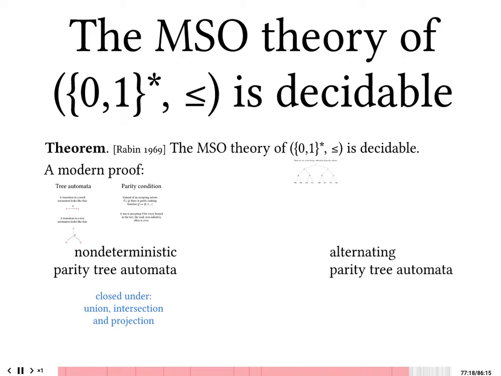The way you would probably prove it nowadays is you would not go to deterministic automata, because unfortunately there's no known, and it doesn't seem to be possible to have, a good deterministic model for tree automata, but you use a different model called alternating parity tree automata.